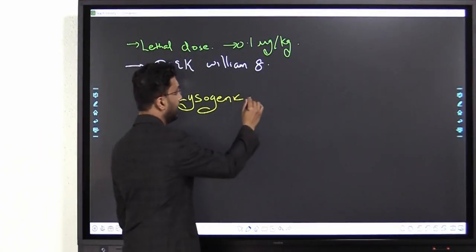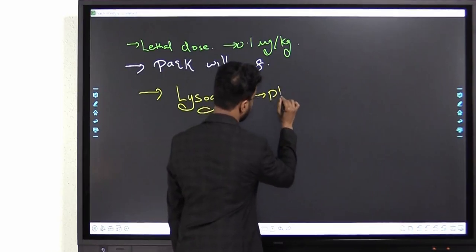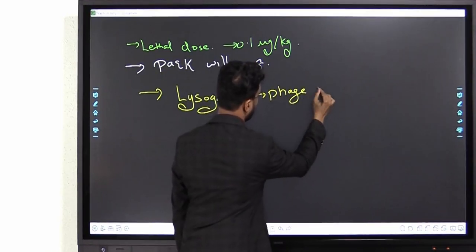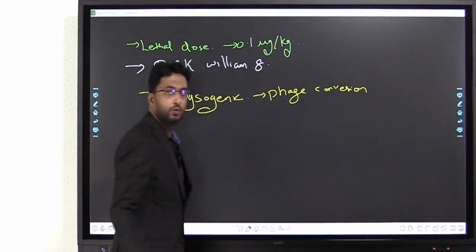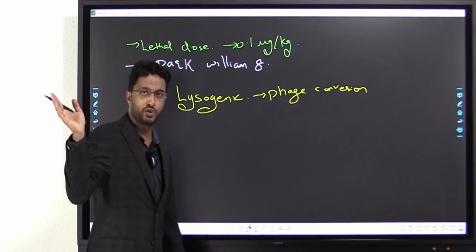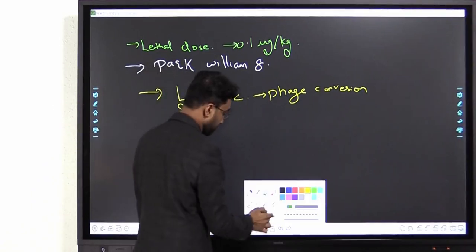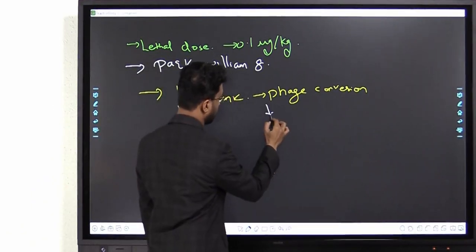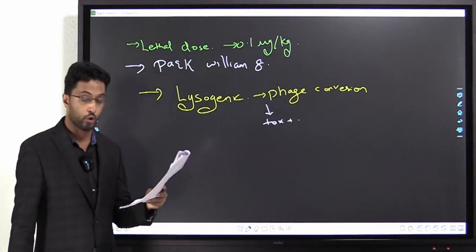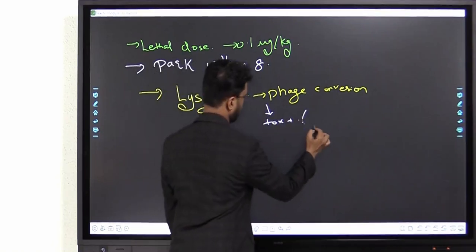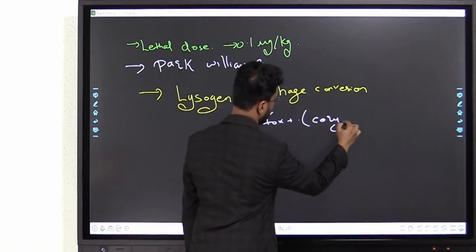This is known as phage conversion. And this phage conversion is due to transfer of which gene from one bacterium to another? It is the tox plus gene, or Corynephages. Corynephages, easy to remember, isn't it?